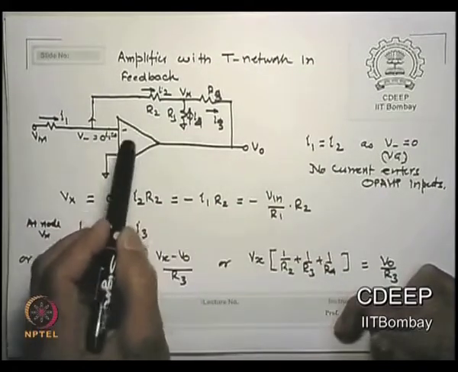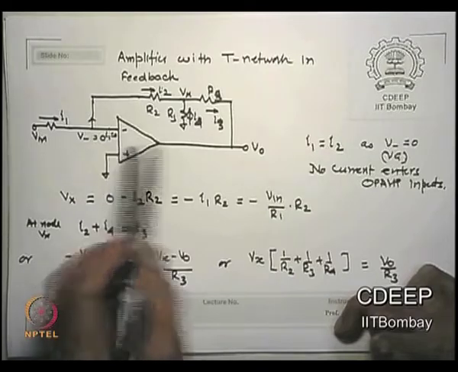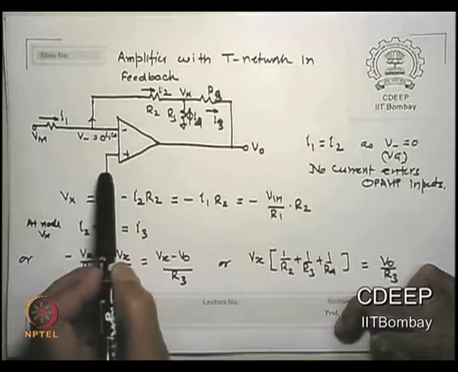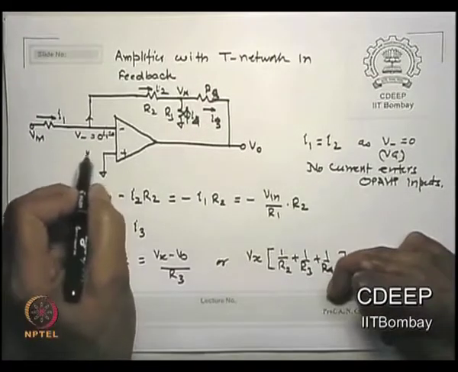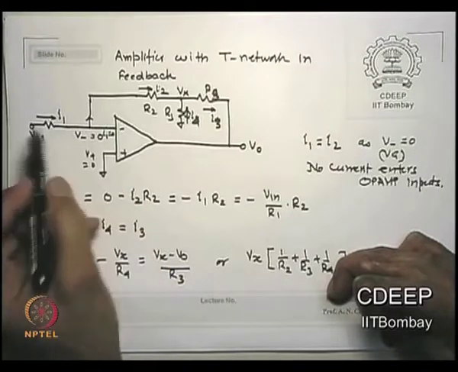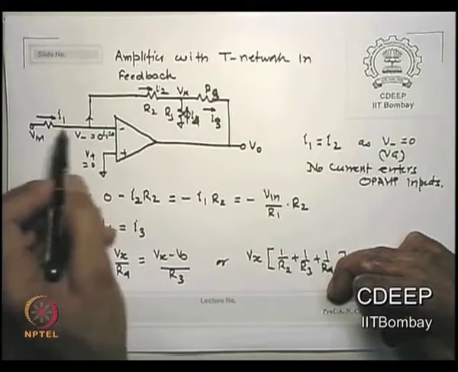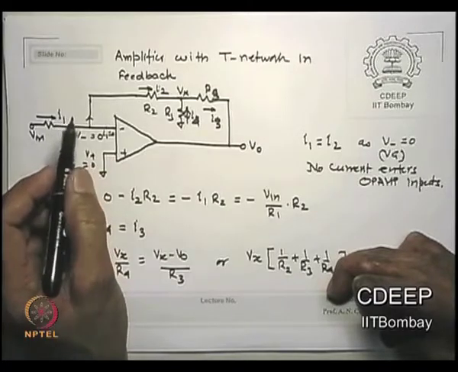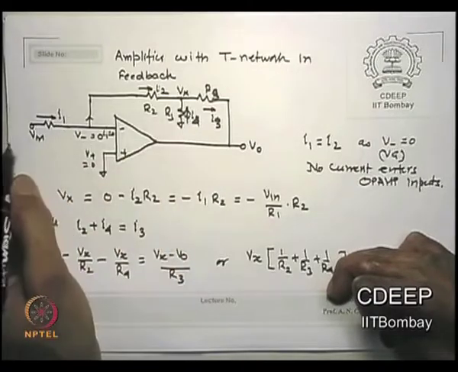Even now, since it's a good OPAMP, I1 is equal to I2, because I put V plus as a ground, physically ground, so V minus is a virtual ground. So the current starting from the input will be the same as the current in the resistor R2, this network. Is that clear?